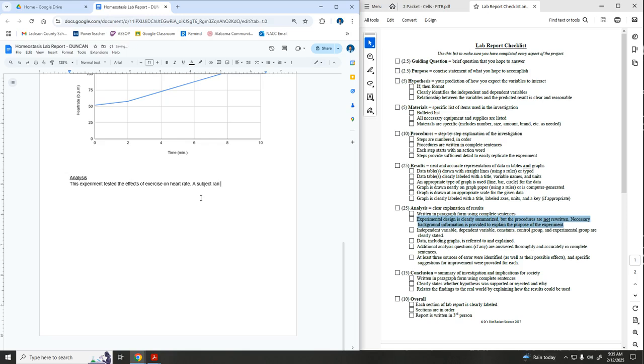A subject ran laps on a high school basketball court. Heart rate is measured using an Apple Watch to determine how exercise affected it.